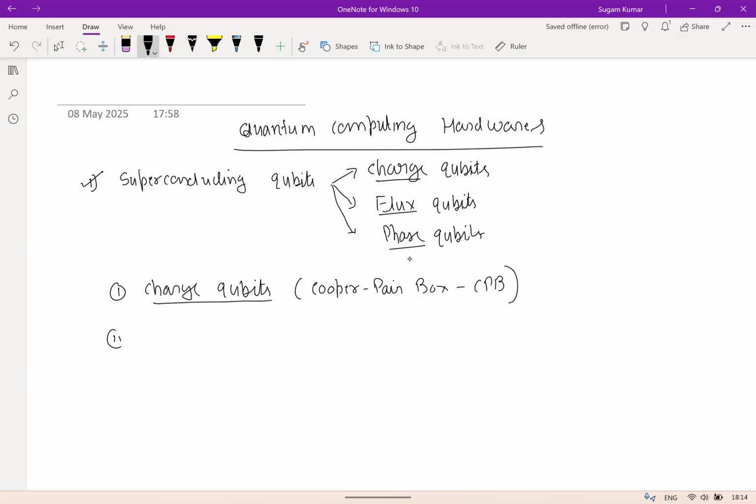Here I must also write: if you talk about quantum variables, the variable used for creating qubits is nothing but the number of excess Cooper pairs.